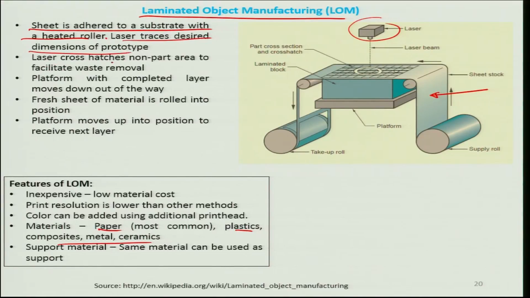The laser cross hatches non-part areas to facilitate waste removal and bonds the part areas to the lower, already deposited part from the previous roll. So roll by roll you can create such layers without changing the position, aligning the different layers so that the cut parts are welded together by the laser, and there is a layer by layer build up of the structures.